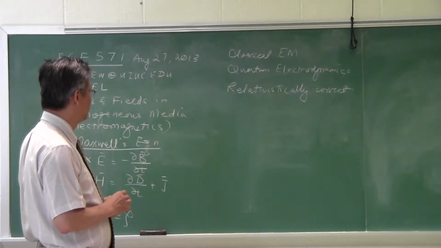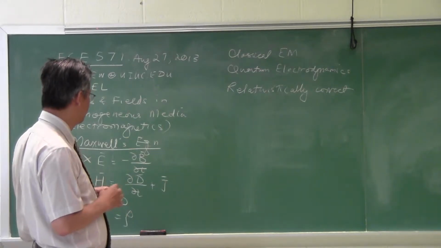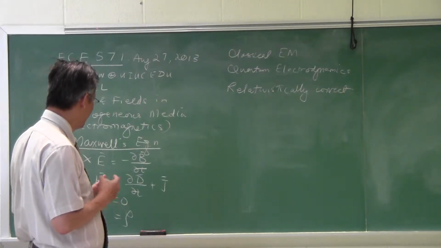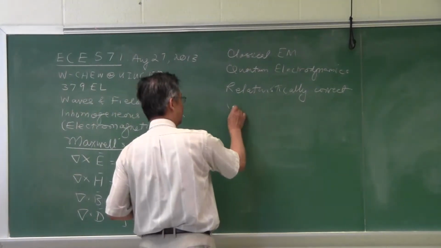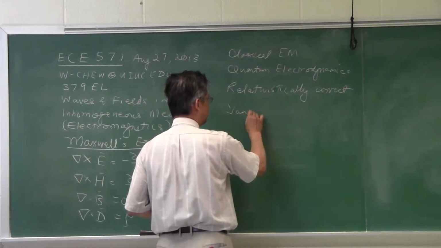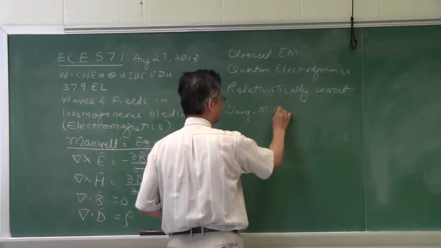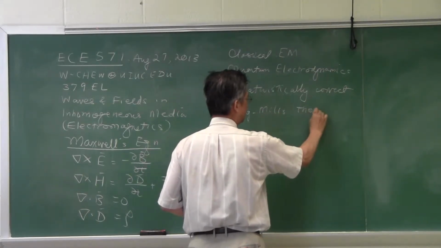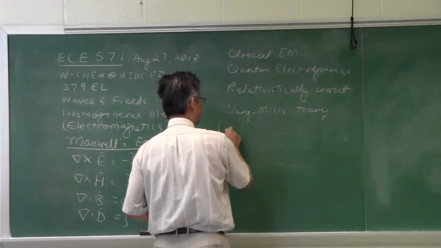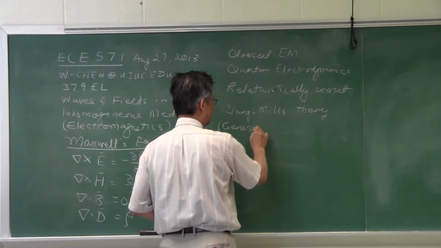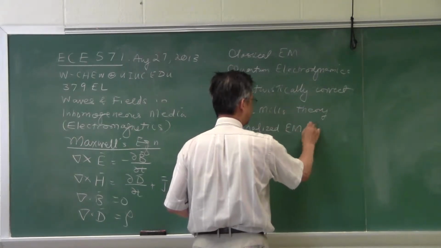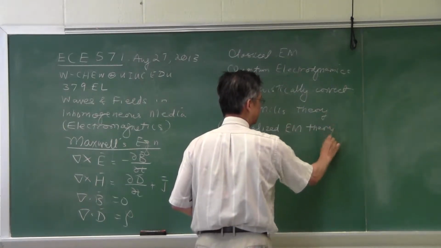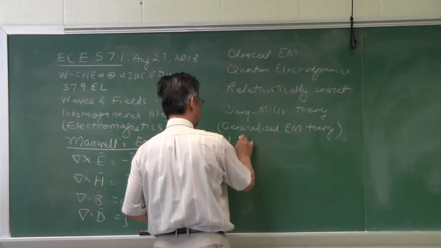And what is more wonderful is that these four equations also inspire other kinds of more general theory, like Yang-Mills theory, which you probably might have heard of. Yang-Mills theory is usually regarded as a generalized form of electromagnetic theory. It's based on differential geometry.